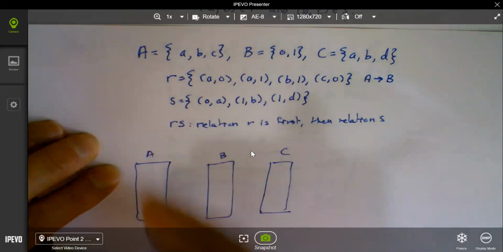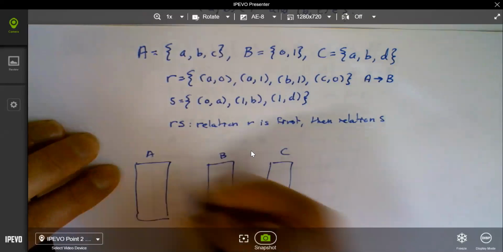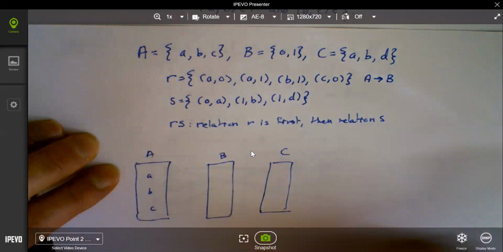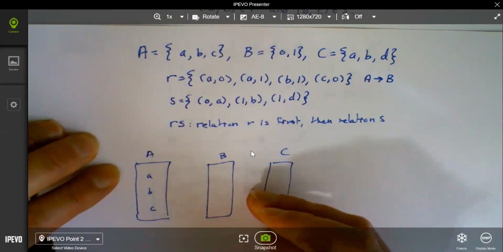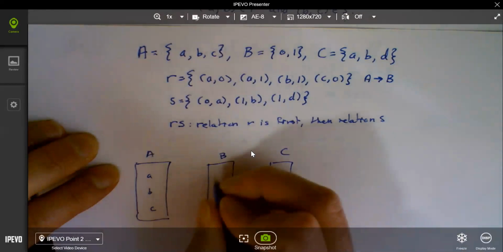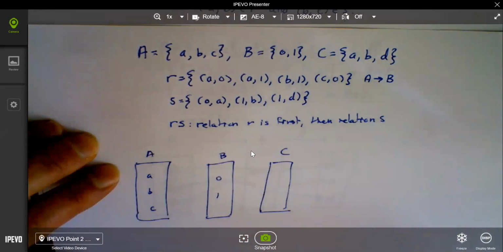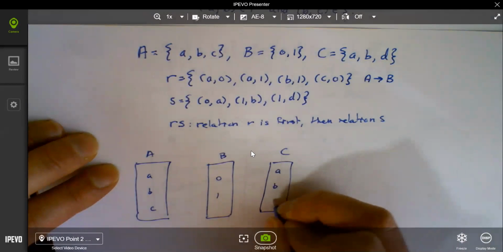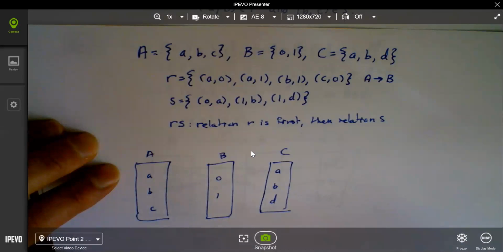Capital A contains elements a, b, c. Set capital B just contains 0 and 1. And set capital C is going to contain a, b, d.